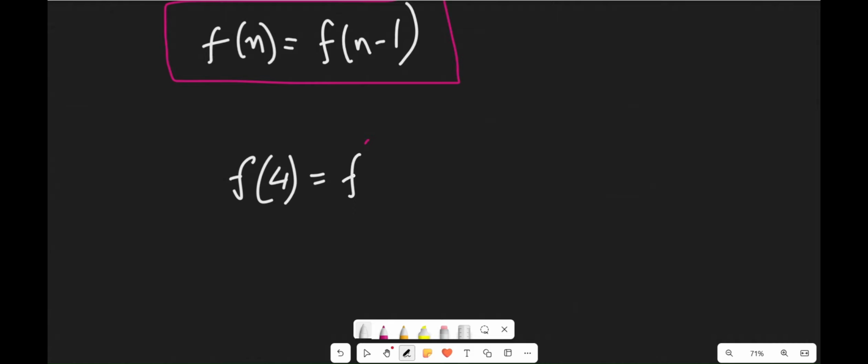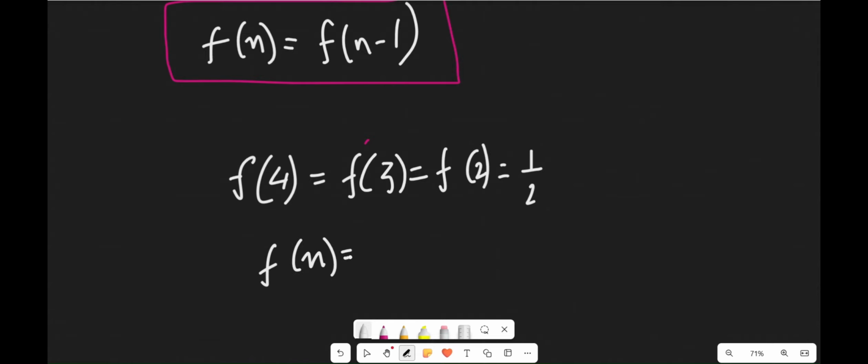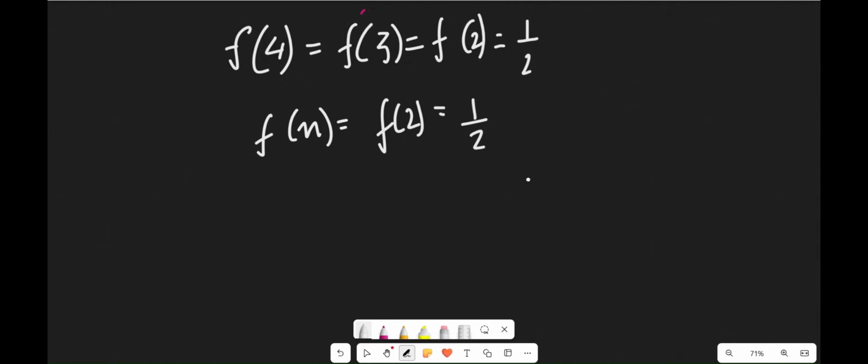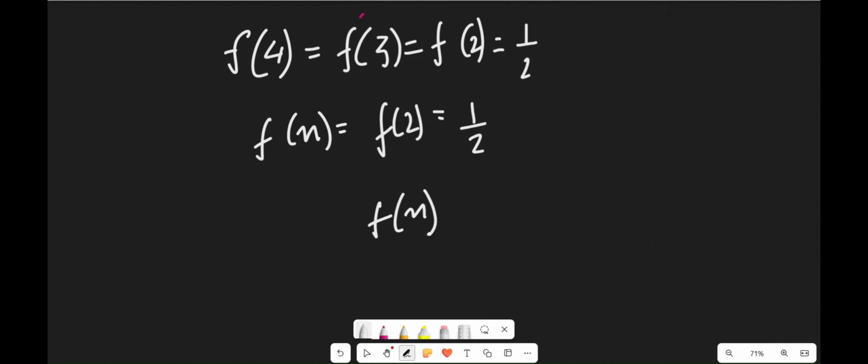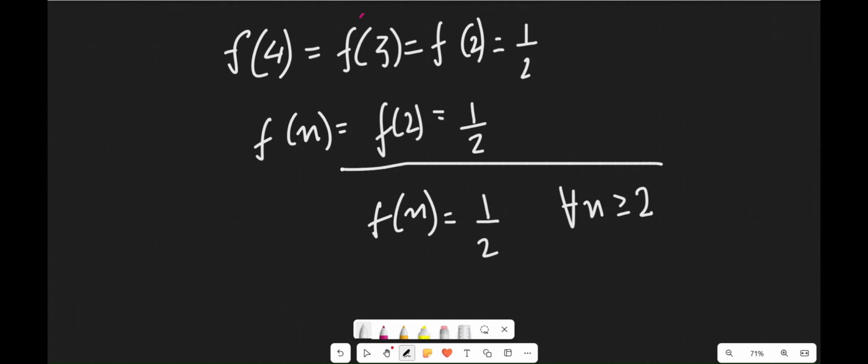So that would equal the probability of n equals 4, that would equal n minus 1, that is 3, and that would equal f of 2, which is essentially 1 by 2. So for any f of n, it would equal f of 2, which is 1 by 2. So basically f of n is equal to 1 by 2 for all n greater than or equal to 2. So this is how you will calculate the answer for this particular question.